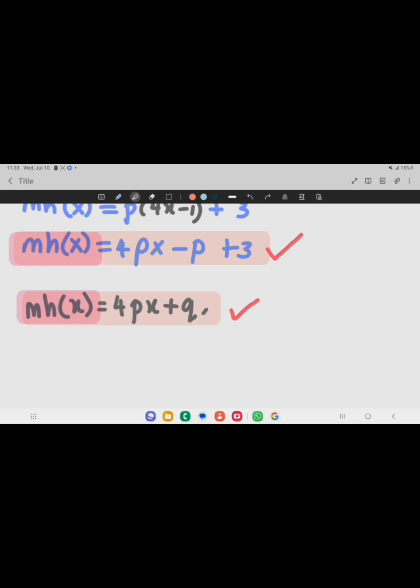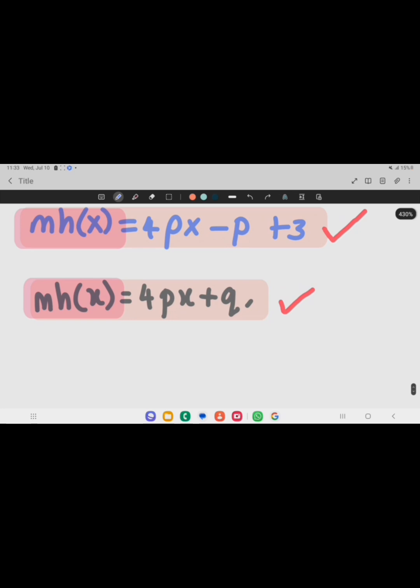So what can you do? You can actually compare. Which one can you compare? This one and also this one you can compare. How to compare? You have to equate them. Just take the first one, which is 4px - p + 3 is equal to 4px + q.